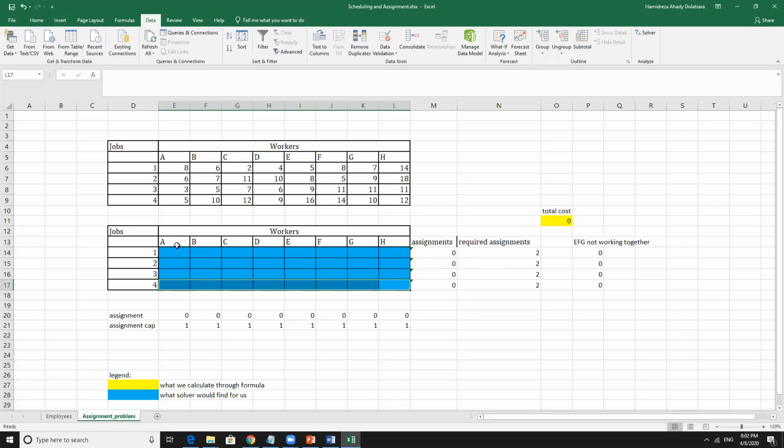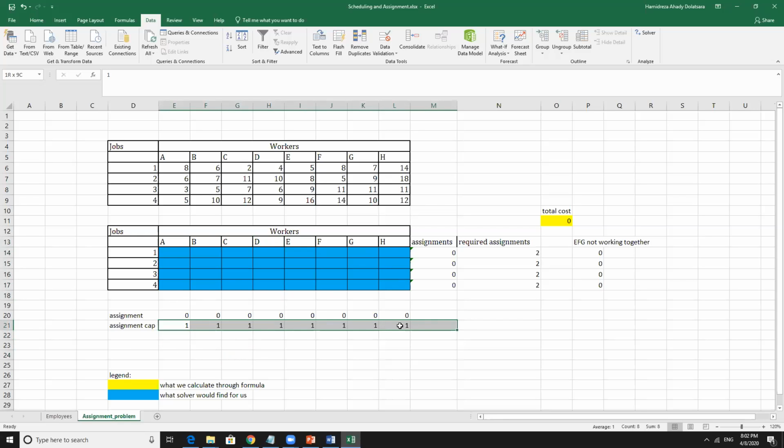And the summation of columns just shows how many times A is assigned to the jobs. Same here for D, E, F, G, H. And there is a cap, because if you assign a worker to one job, you cannot reassign them to another job.